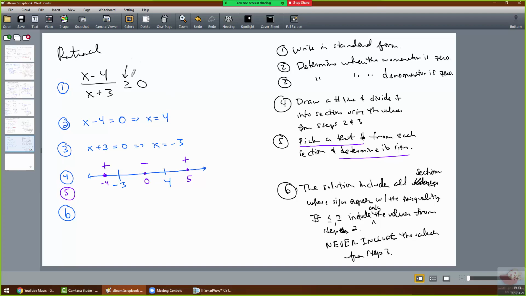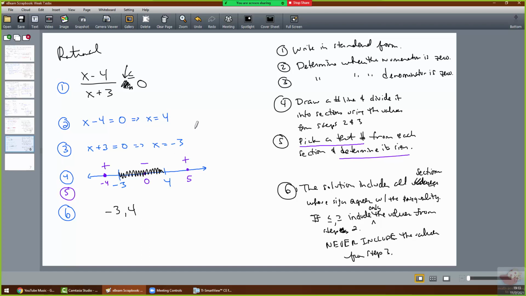So we have greater than or equal to 0. You know what? I'm going to change this. It's not going to affect any of our work. Let's make that less than or equal to 0. Less than or equal to 0 means we want the negative section. We have a negative section here that goes from negative 3 to 4, so we want the numbers in between them.